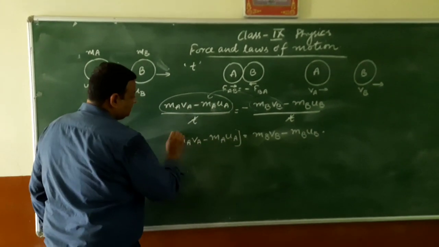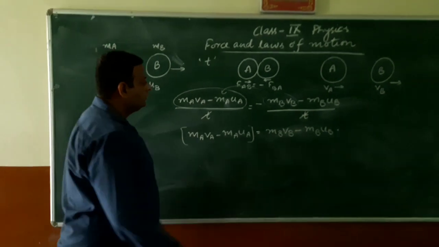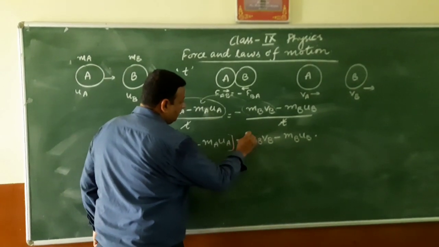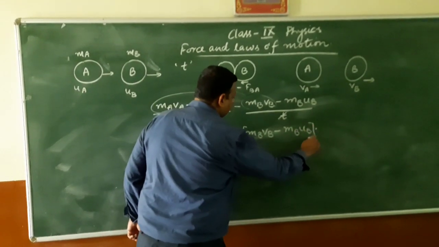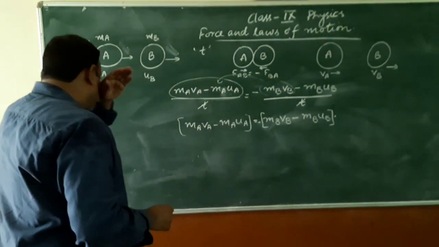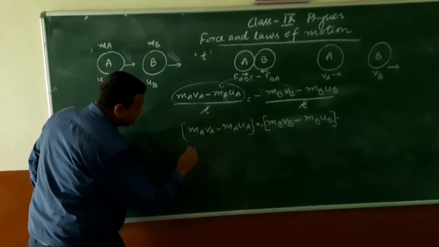So this is the change in momentum of ball A, and this is the change in momentum of ball B. Now you can open the brackets.